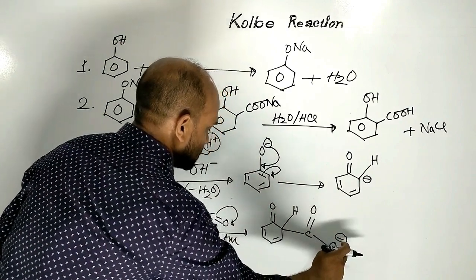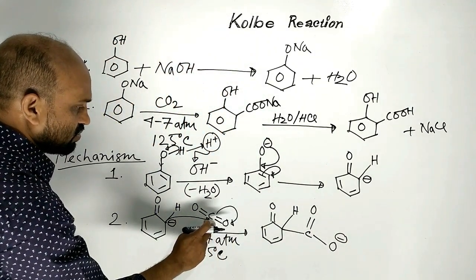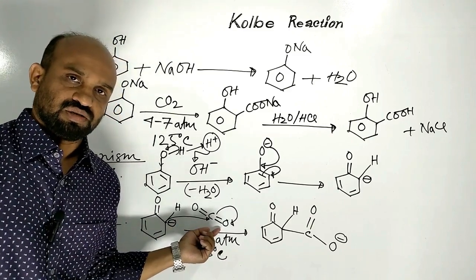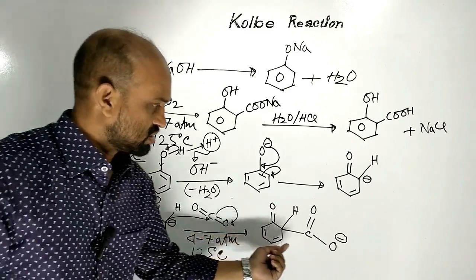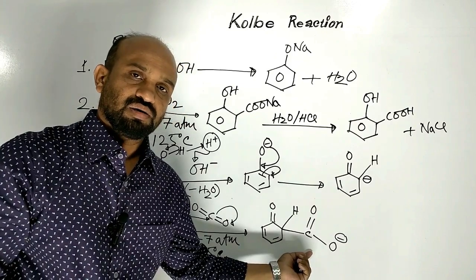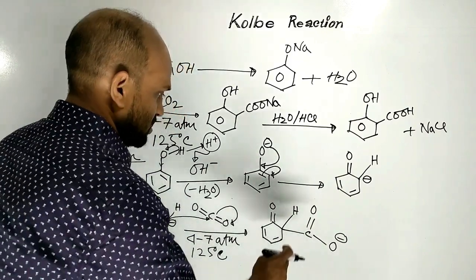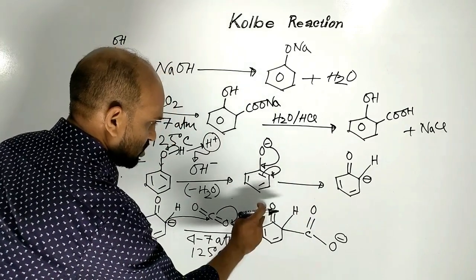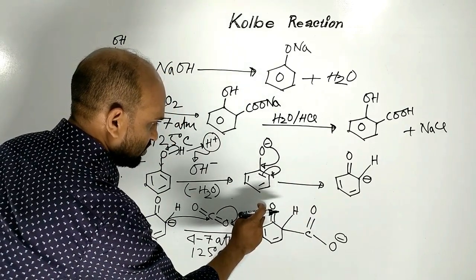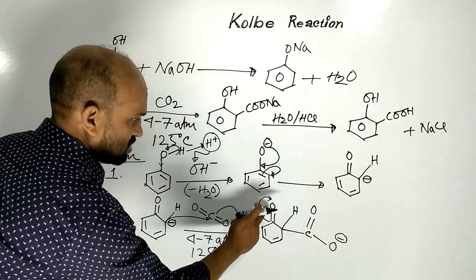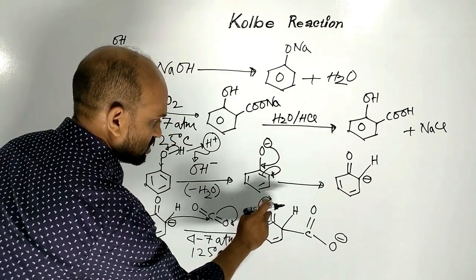This negative charge, because here pi bonded electrons move towards oxygen. That is why this ion is formed. In this ion, oxygen is electronegative element, pi bonded electrons move here, oxygen becomes negative in charge.